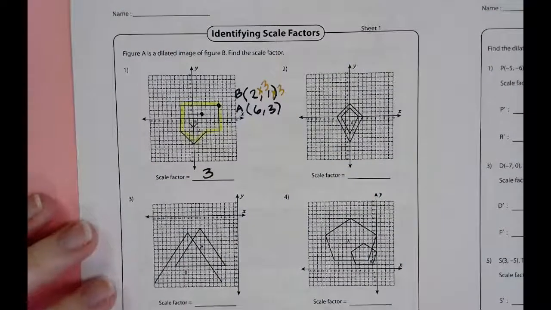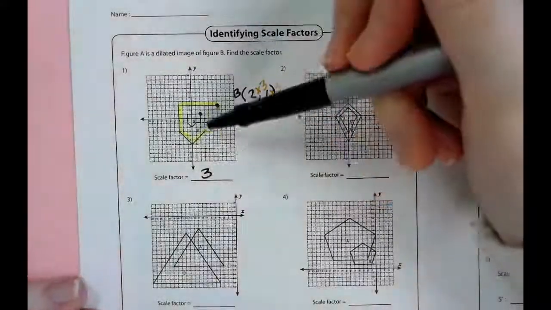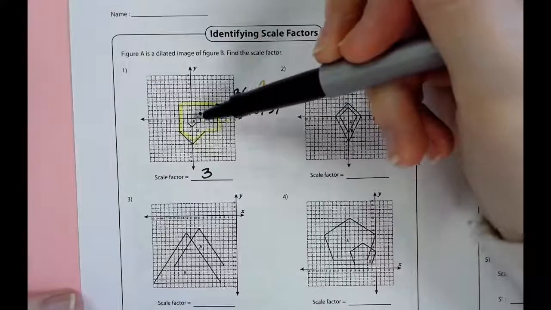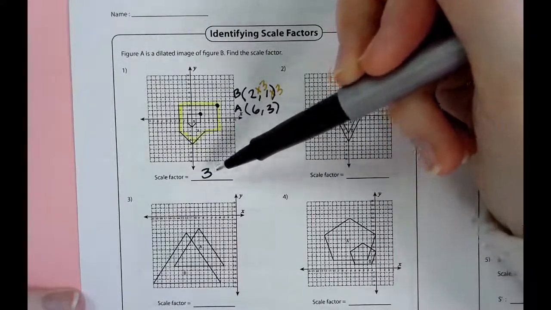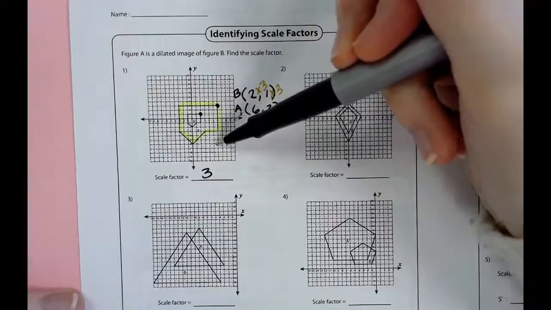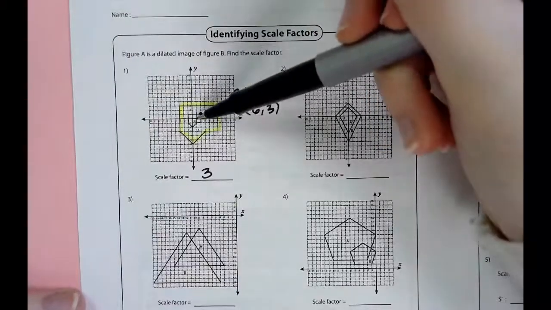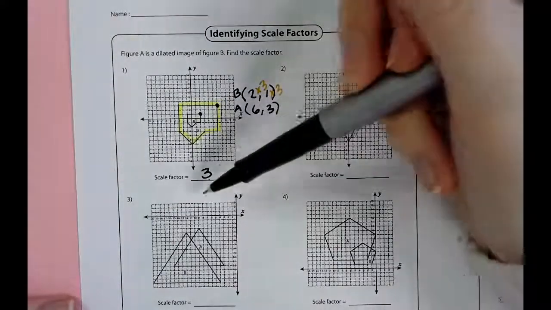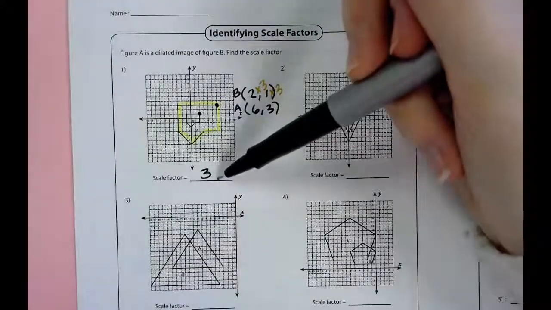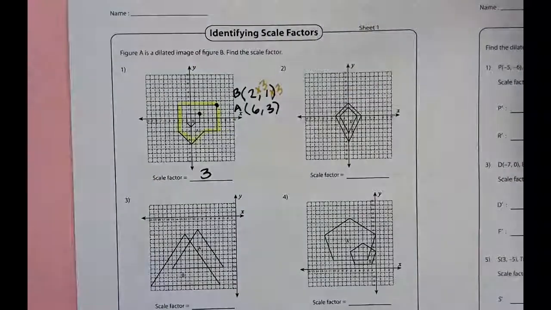This makes sense because going from B to A it is growing in size. So that means our scale factor would be greater than 1. This is an enlargement. If we were going from A to B, it would be a reduction, and these would be reversed, right? Our scale factor wouldn't in fact be 3, it would be 1/3 in that case. All right?